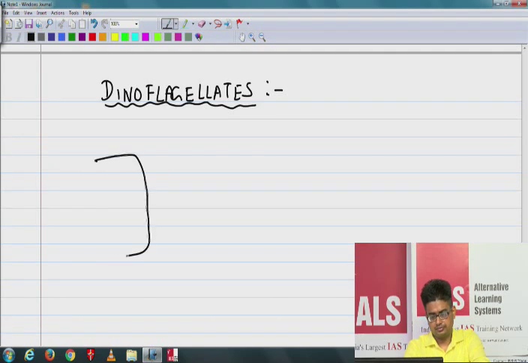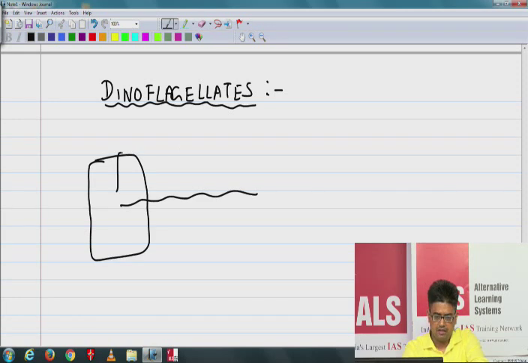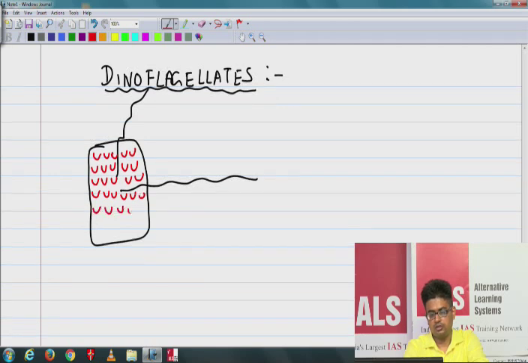Dinoflagellates are unicellular photosynthetic protists having two flagella. Also, their cell wall is highly coated with cell plates. Therefore, they are also called armored protists. These cell plates are made up of cellulose and pectin.